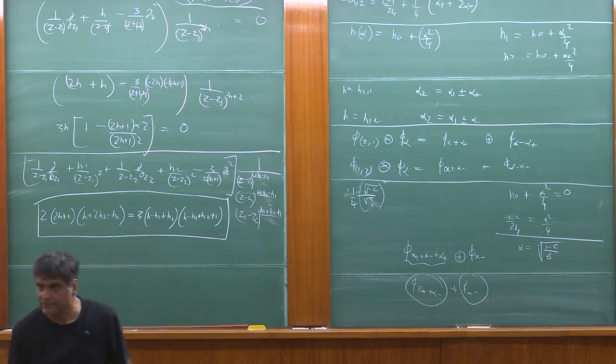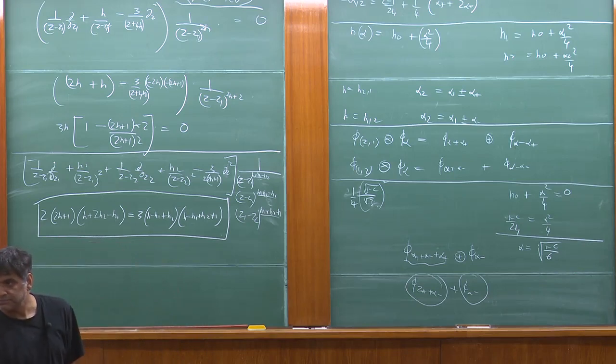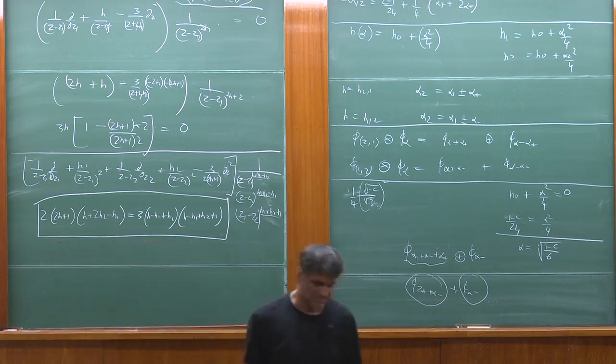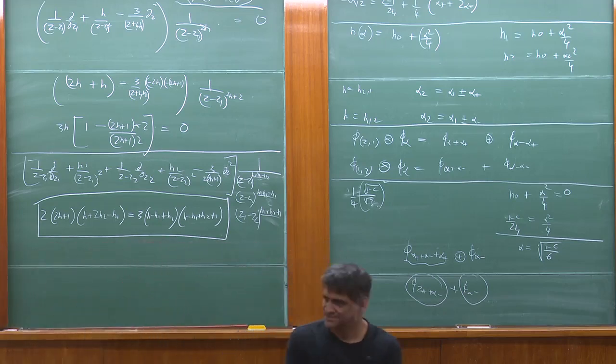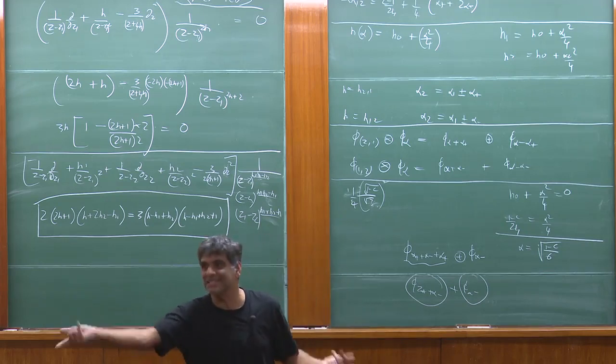Sorry, you had a follow-up? I was thinking that if phi alpha is identity, then the constraints that we put using this L0, L-1 and L1 tell you that the other operator has to have some particular form. Exactly. The way it's going to work is that when you have identity, you've got a second null state, which is L minus 1 on identity is 0.